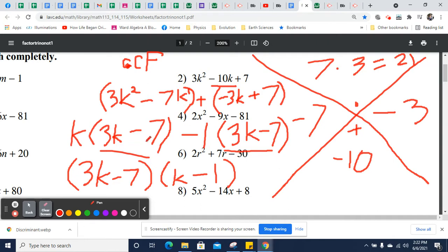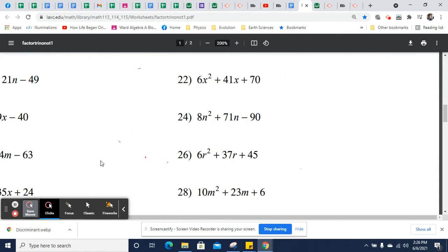Because they both share 3k minus 7, I factored 3k minus 7 away from both of them, and it left me with just k minus 1. And these are the factors of this quadratic. Okay, I'm going to pause and erase some stuff.